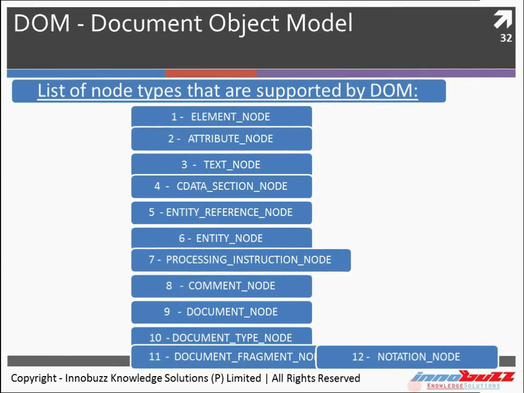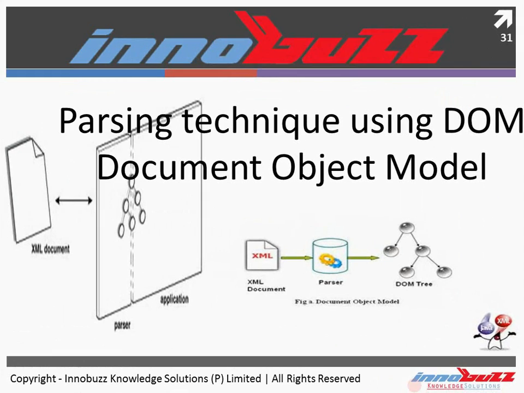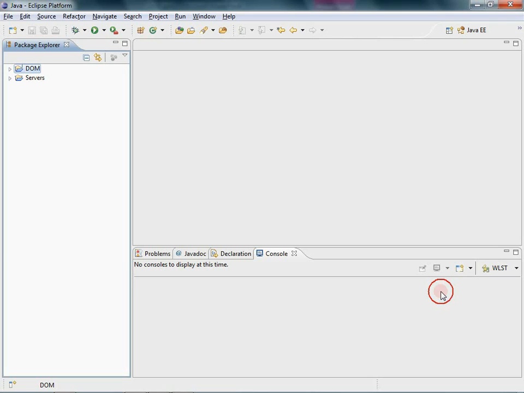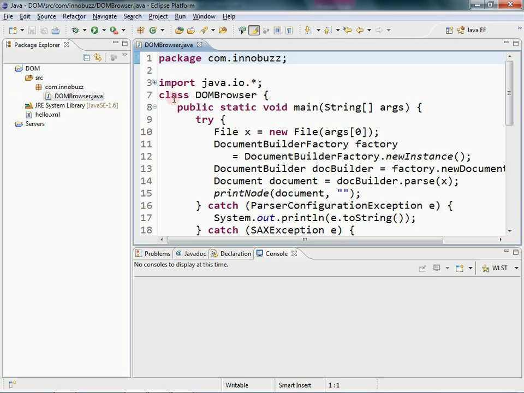So now let's see the demonstration on the parsing technique using Document Object Model. Here there is a simple Java project having a source folder within which there is a package, and inside that there is a single file.